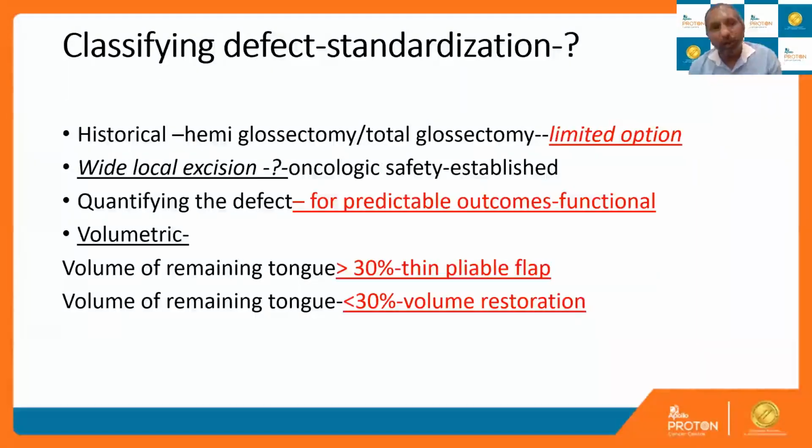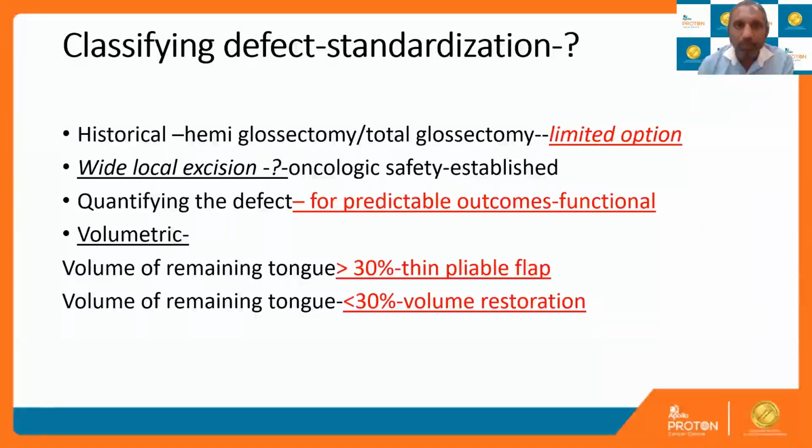But with the oncological safety of wide local excision being established and peroral resection becoming more common, we need to consider what to reconstruct, what not to, and what we can use when we reconstruct. So we need to quantify the defect and see whether we can have a predictable outcome, because with soft tissue reconstruction it is difficult to have a predictable outcome.